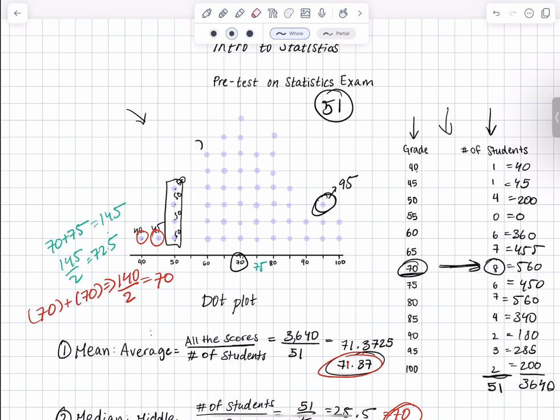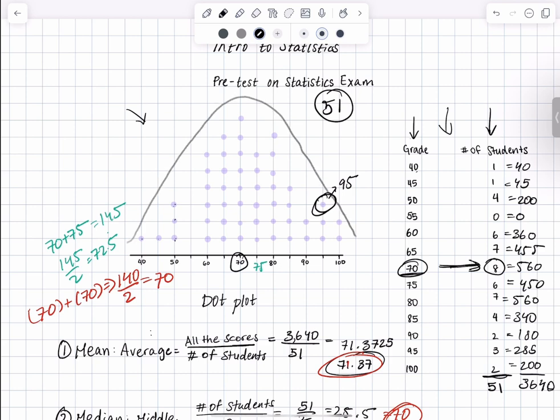In this dot plot, okay, let's clean this up. We have something called a normal distribution. It forms a bell curve like this. It's kind of symmetrical on both sides with a singular peak at the middle.